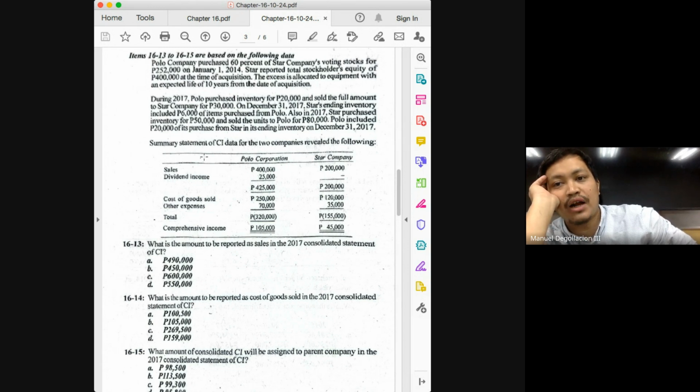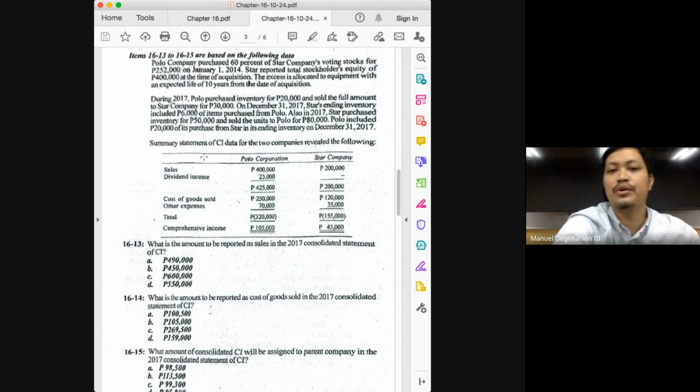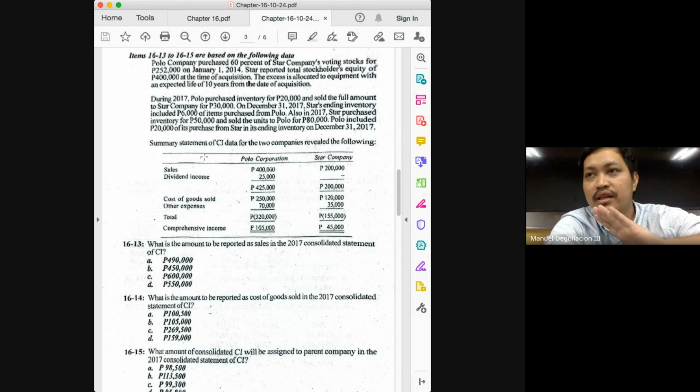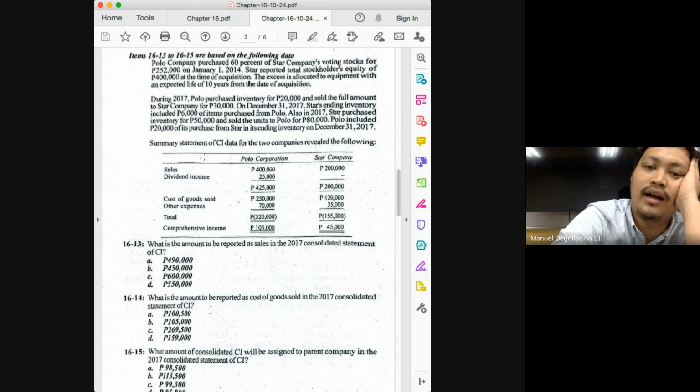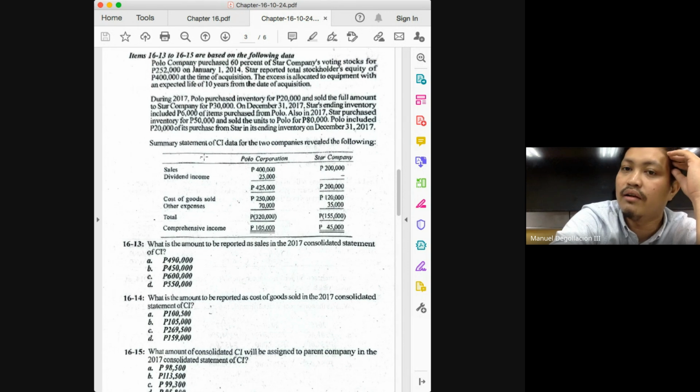But we know that the book value is 400, so there's a difference between the fair value and the book value in the amount of 20. But again, this does not go to goodwill. This goes to equipment in the amount of 20,000. And again, it will be spread out over the useful life of the related asset. So you just have to divide 20,000 by 10 years.